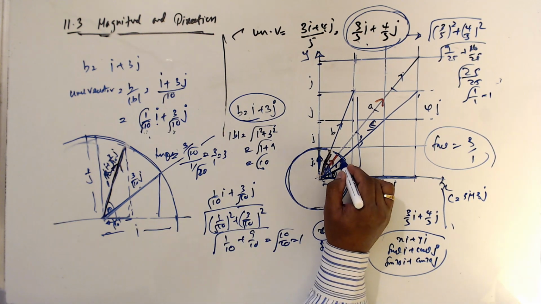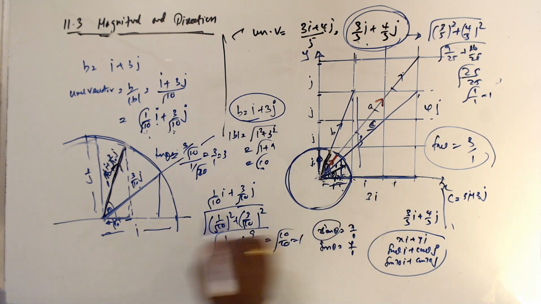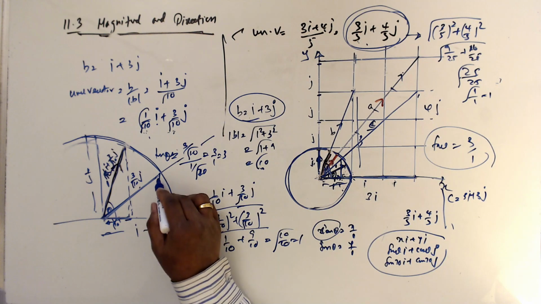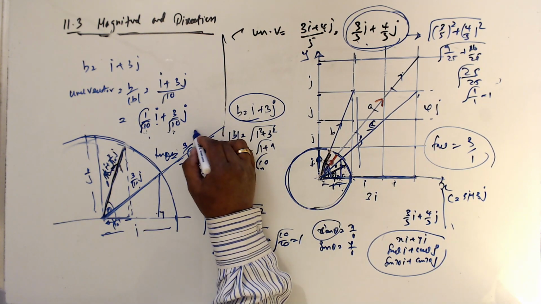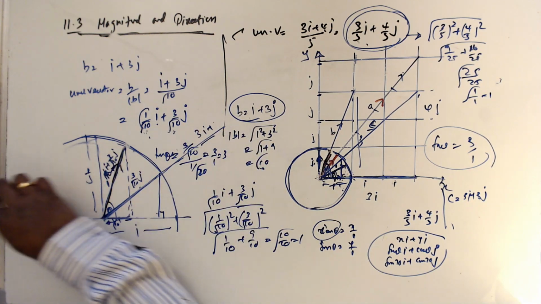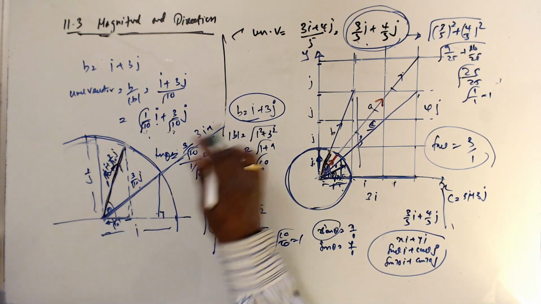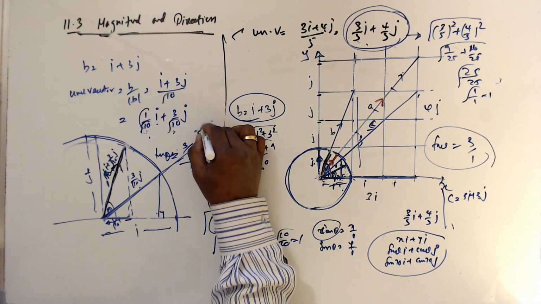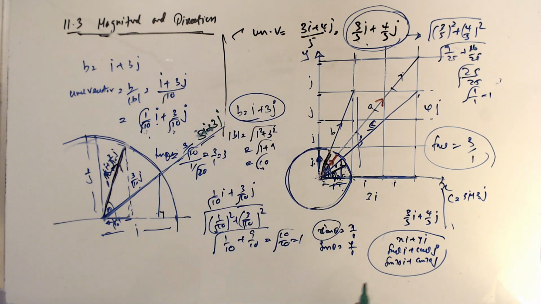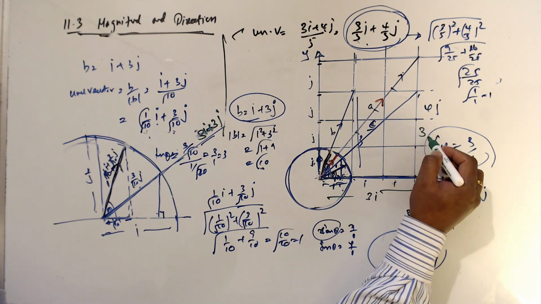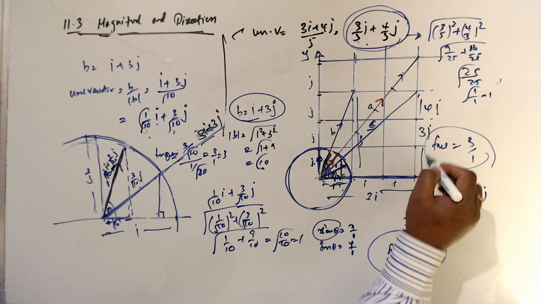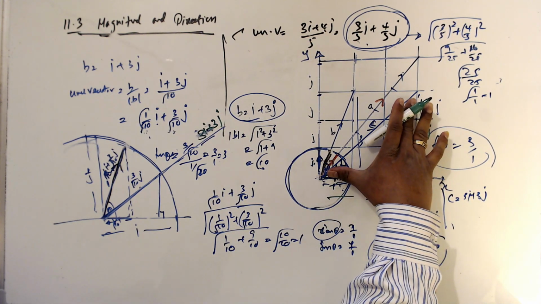Here you can see this one. So the whole is 3i plus 3j. Now we'll find the size of this one.